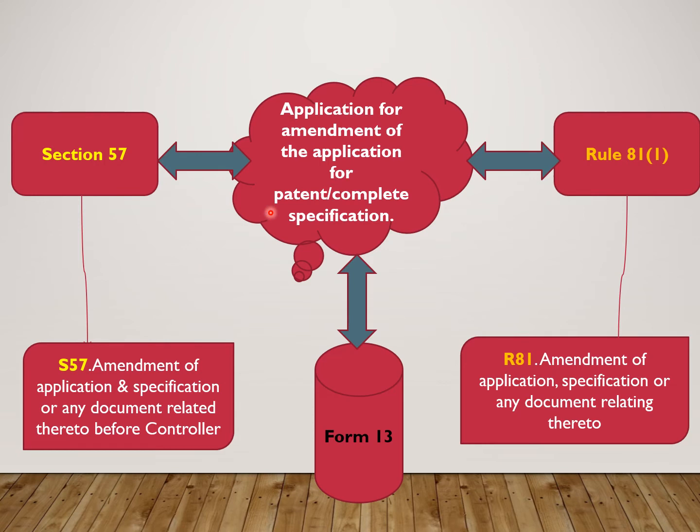Section 57 has the title Amendment of Application and Specification or any document related thereto before the controller. Fine. And similarly, Rule 81 says amendment of application, specification or any document relating thereto. So you can see the keyword is application, and the keyword is amendment. In the section you can see the word amendment, and in the rule also you can see the keyword amendment. And here the relationship has been established with form 13.